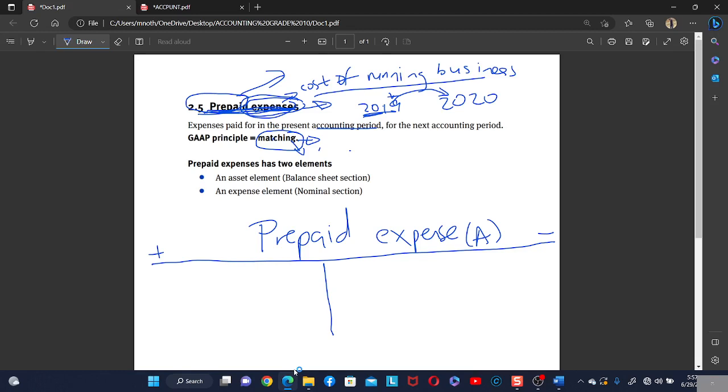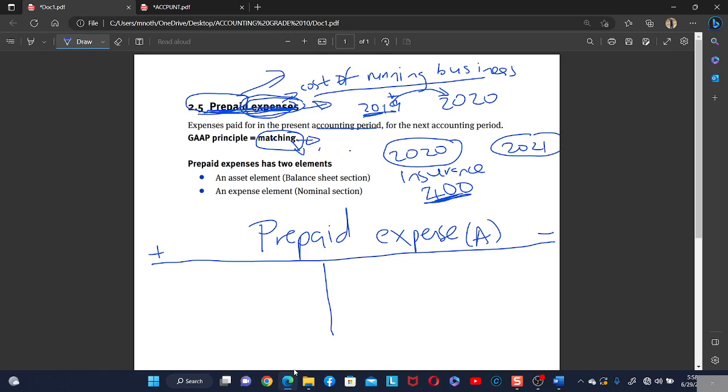Let's say for example, we are in year 2020, and then we pay an insurance. We pay it for 400 rand. We are told that in this 400 rand, 100 rand belongs in year 2021. So in this 400 rand, there is 100 rand that does not belong in this current year.